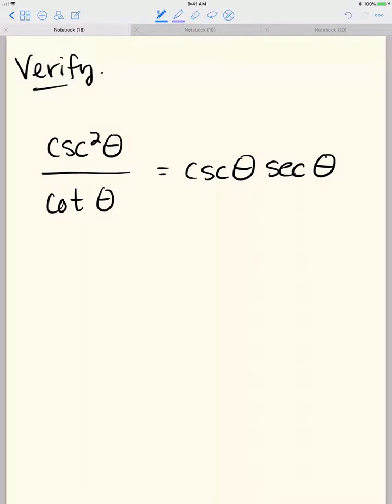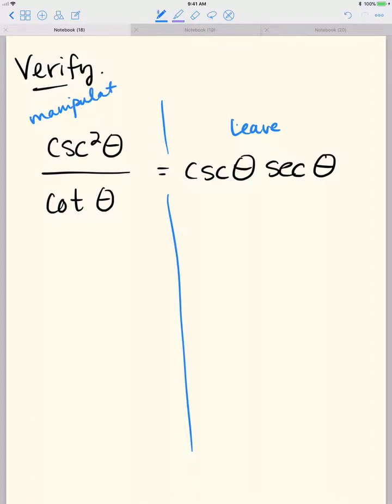All right, for this one we have cosecant squared of theta over cotangent of theta equals cosecant of theta times secant of theta. So I'm going to manipulate the left side only because it has the square and I feel like it's slightly more complicated. The right side, cosecant times secant, would just be 1 over sine times 1 over cosine. I can't really do anything with that. So I'm just going to leave the right side, and I'm going to manipulate the left.